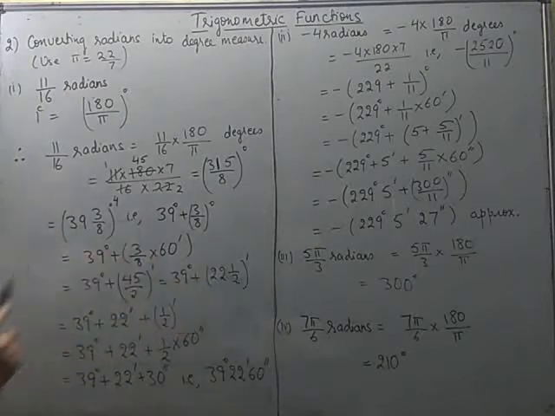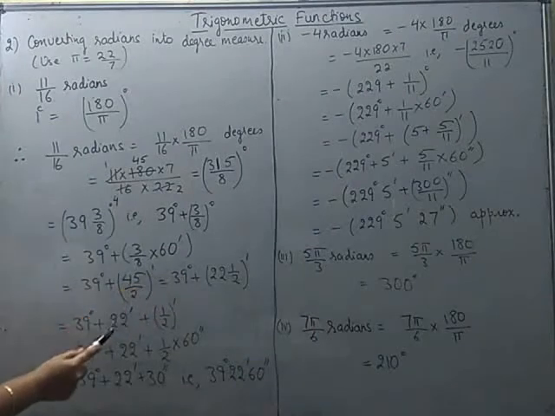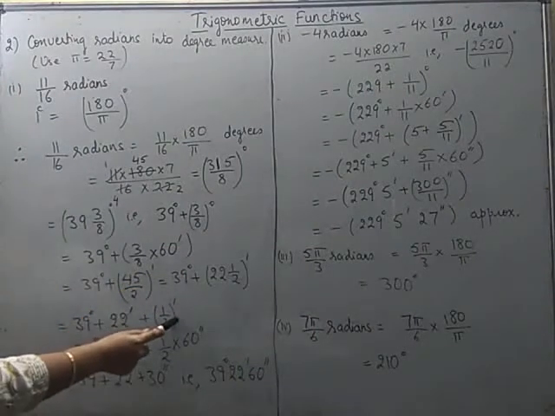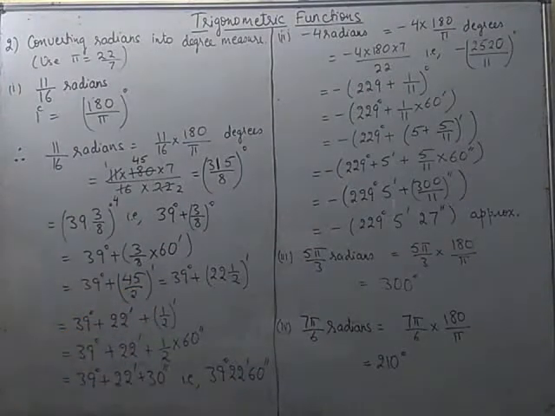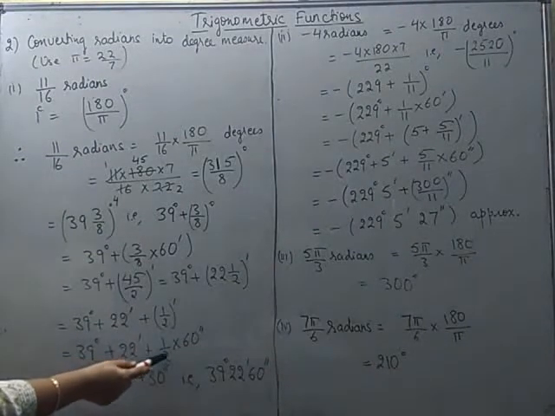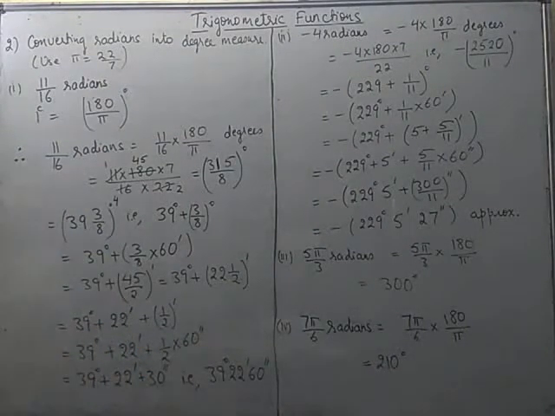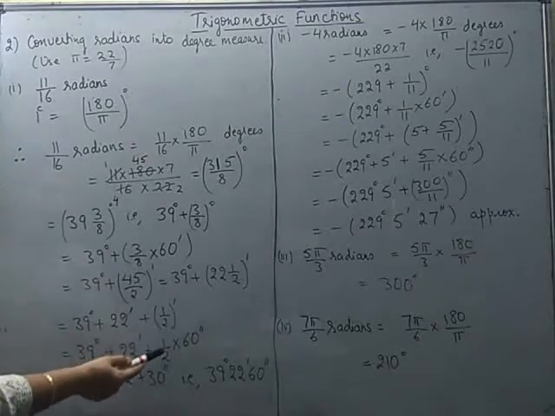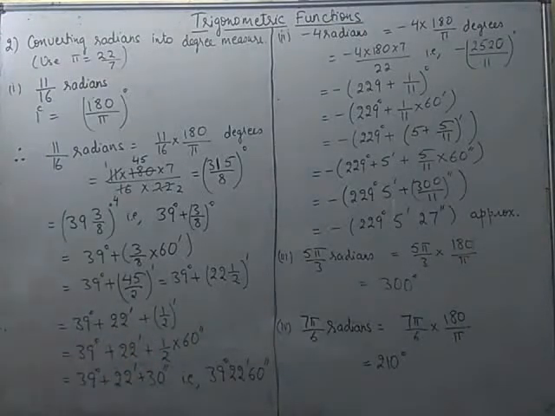So you separate these two as 39 degrees as it is, then plus 22 minutes plus half minute. Now this half minute we will convert into the smaller unit again, that is seconds. So we get 39 degrees plus 22 minutes plus half into 60 seconds, because we know 1 minute is equal to 60 seconds.